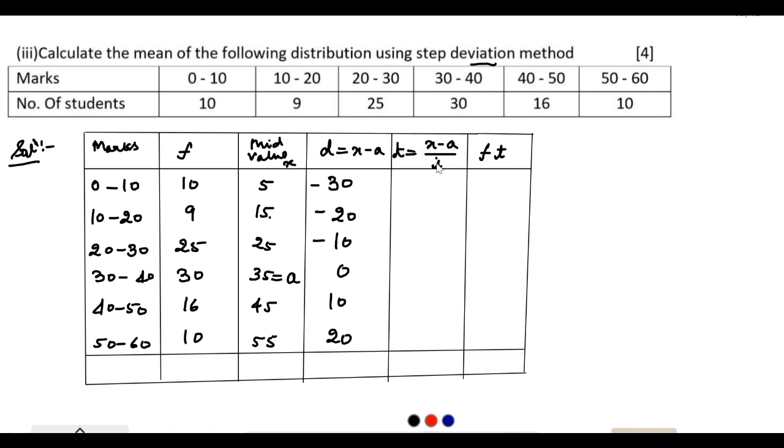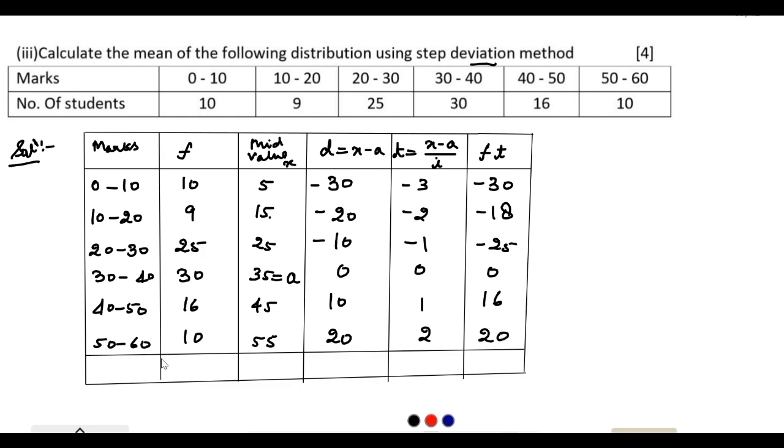Then t, x minus a upon i, where i is the size of the class interval, that is 10 here: minus 3, minus 2, minus 1, 0, 1 and 2. Now ft: minus 30, minus 18, minus 25, 0, 16 and 20.